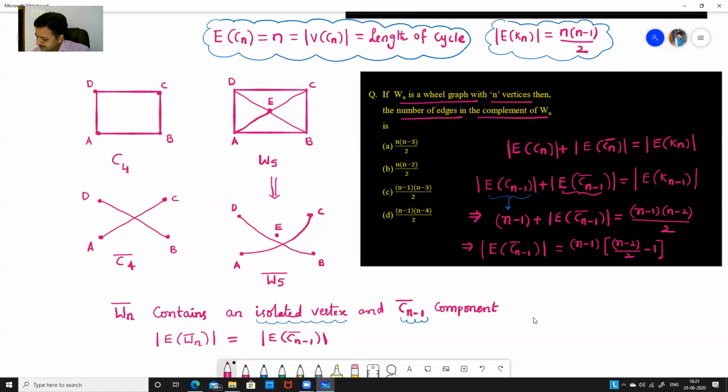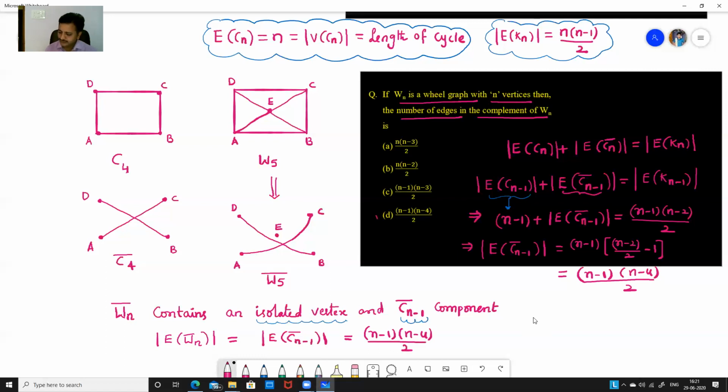Then by taking cross multiplication, the result becomes n minus 1 into n minus 4 by 2. Therefore, the answer to this question is n minus 1 into n minus 4 by 2.